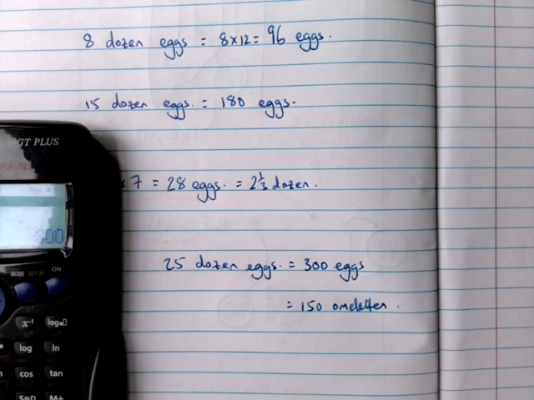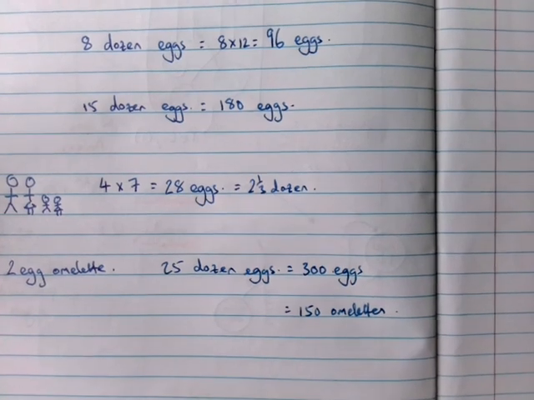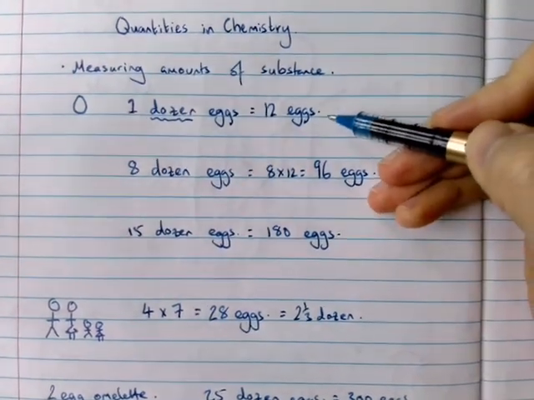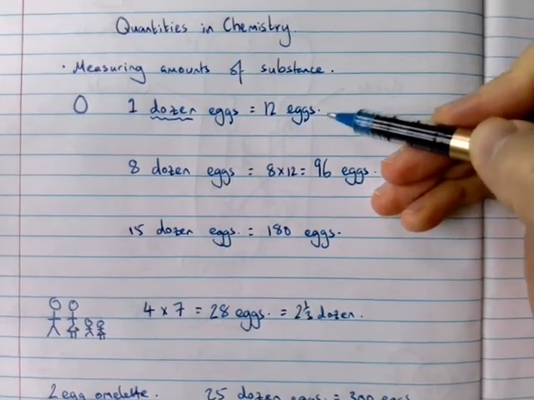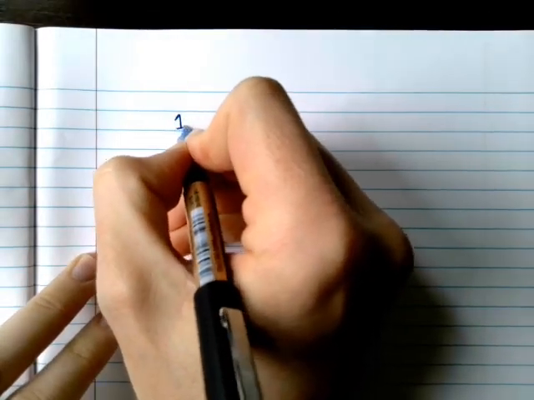So why am I talking about eggs and omelettes? No, I haven't lost my mind in the lockdown. There is a reason for this. The reason is that in chemistry, we use a similar system. Instead of dozens and eggs, we have something called 1 mole.